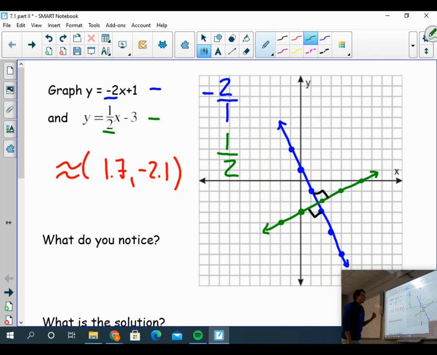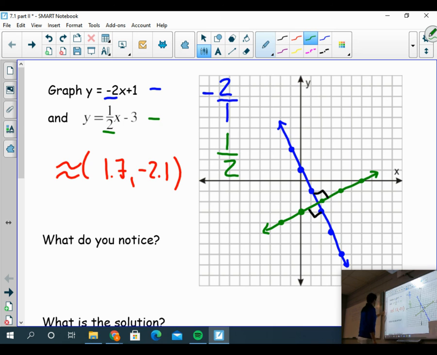Not only do they have opposite signs, but they are reciprocals. The one has the 2 on the top and the 1 on the bottom. The other one has the 1 on top and the 2 on the bottom. When you have opposite reciprocals, different signs in those flipped fractions, in your system of linear equations, it will create those perpendicular lines. While the same slopes create parallel lines, slopes that are opposite reciprocals create those perpendicular lines.